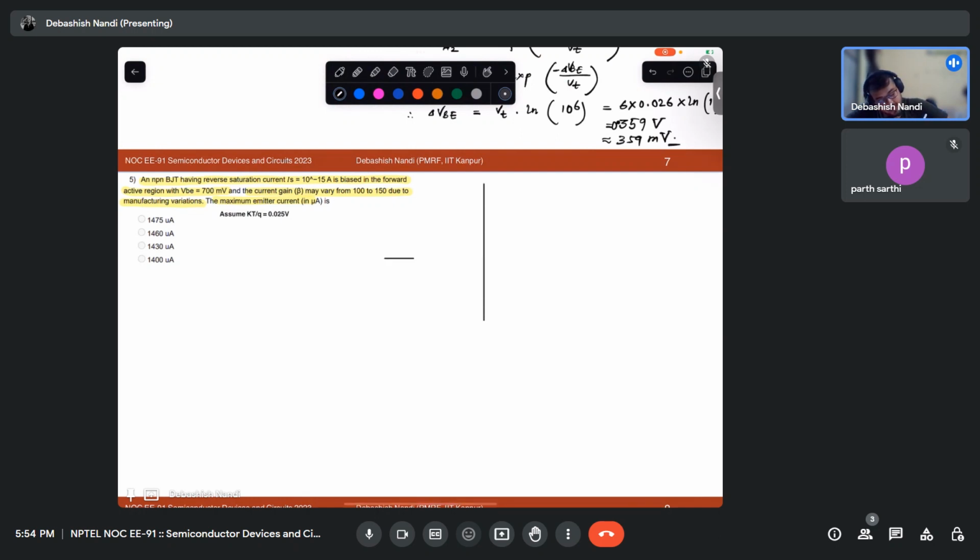If I draw my, this is your VCE per se, this is your IC. Okay. So if I draw the characteristics in this fashion, and there will be another region.